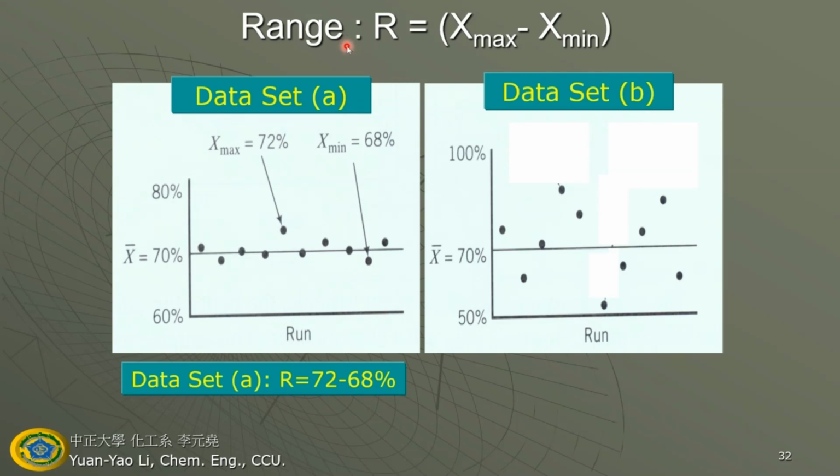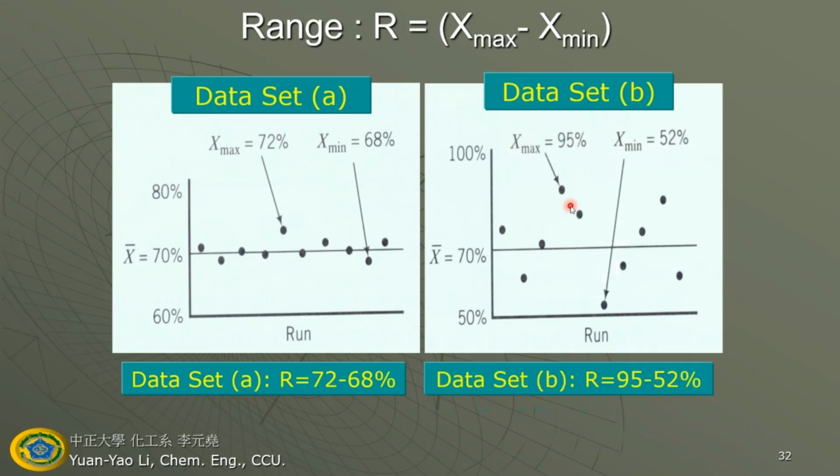You can say, well, Professor, set A is better because in terms of range, set A has only 4%, but set B is more than that, 43%, because the maximum is 95 and the minimum is 52.